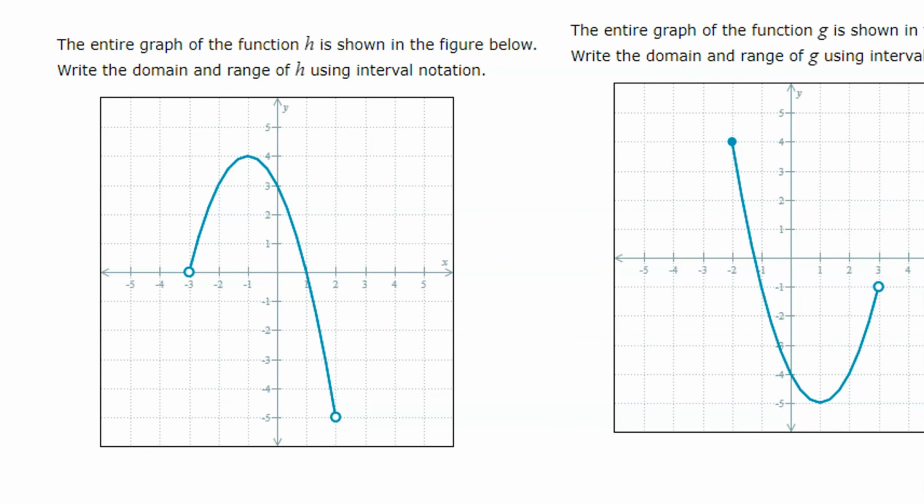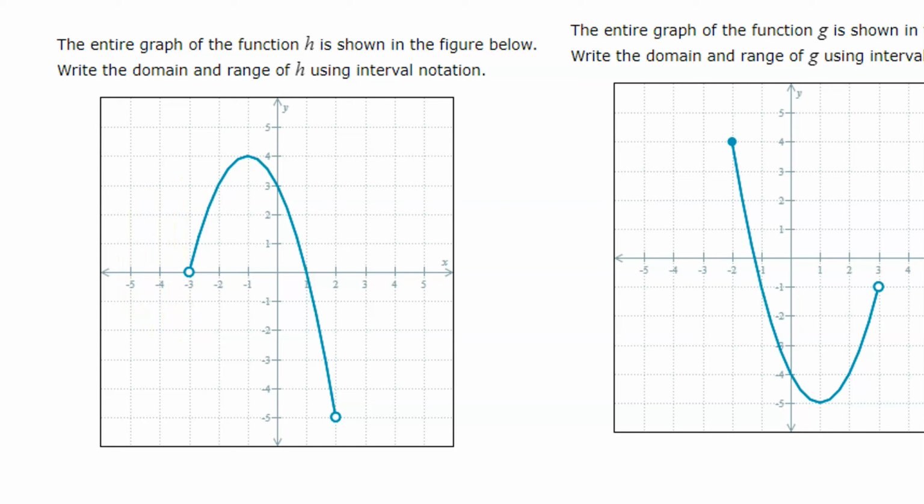So let's try, I've got 2 more here. So in this one, we're looking at which x values have y values that go with them. So like if you look over here, there's no function over there. There's no function, there's no function, there's no function. Hey, the function started.